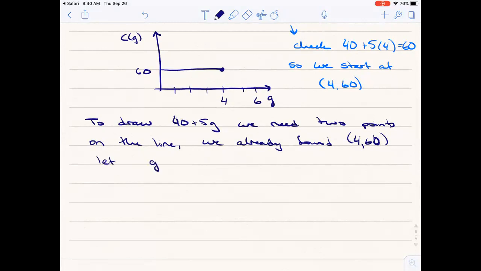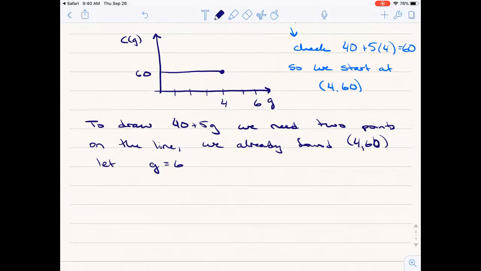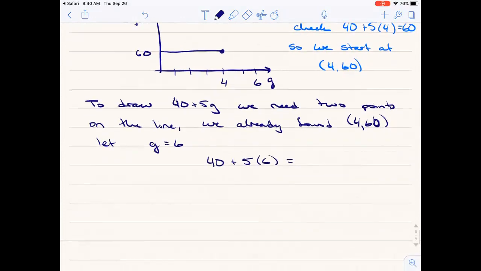Let G be 6. You can pick any value, but just let G be 6. Then we find that 40 plus 5 times 6 is 70.